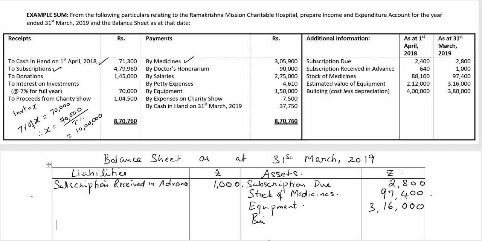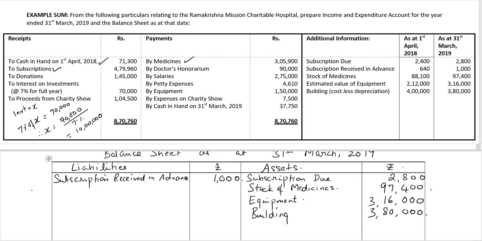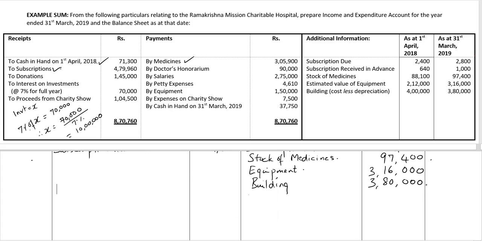Building, 3,80,000 rupees. The additional information is done. We'll move on to the receipts and payments account. On the receipts side, there was an item of investments of rupees 10 lakh, which we haven't sold this year. So investments, 10 lakh rupees.